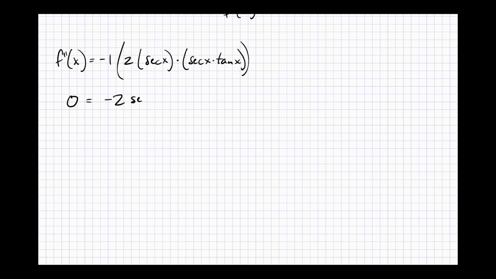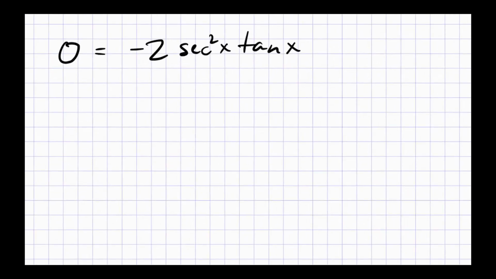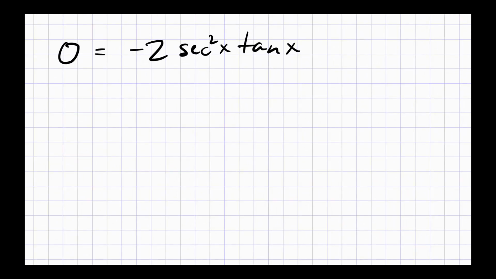So it was negative 2 secant squared of x tangent of x. Again, I have two x's, and I can't separate them from secant and from tangent, but I can do a couple things. I can get rid of everything else. What can I do to help make this a little bit easier to isolate x? Again, I'm not going to be able to isolate x perfectly, but there is something I can do.